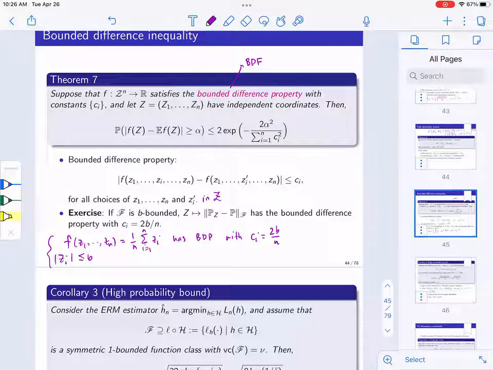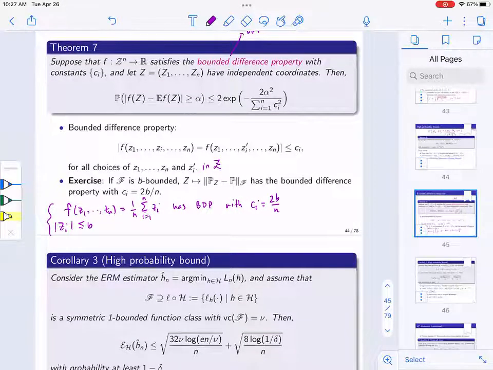If you change one, the difference would be 1 over n times the absolute value of zi minus zi prime, which is at most 2b divided by n. And so you plug this in here. So this bound would be the probability is less than 2e to the negative 2 alpha squared divided by 2b over n squared times n, because there's a sum of n of them.